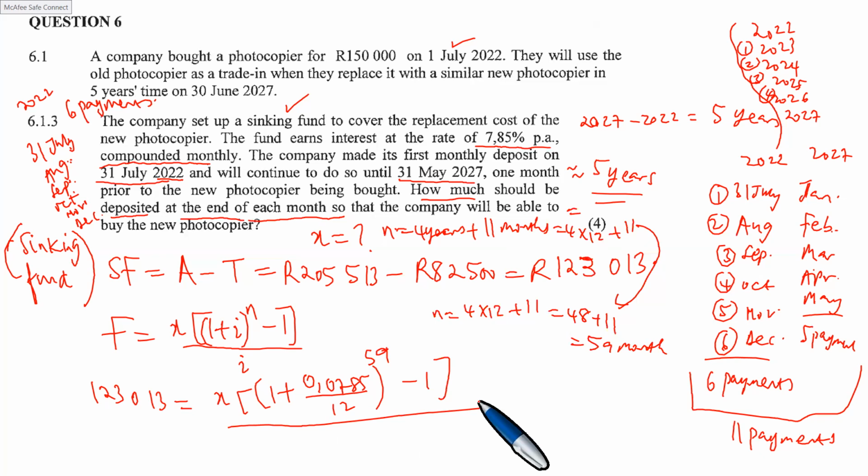Now, there are a couple of ways to do this question. You have the i in the bottom of this formula for the future value. So it is exactly 0,0785. You divide everything by 12, because it's compounded monthly.